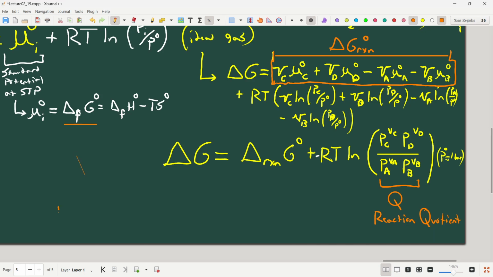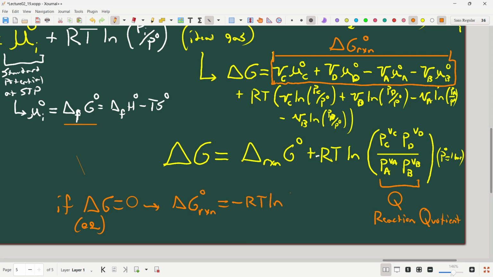If delta G is equal to 0, so we're at equilibrium, then delta G reaction is minus RT ln Q. And in this situation, we call Q K_eq, the equilibrium coefficient.